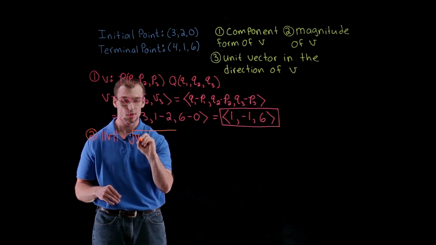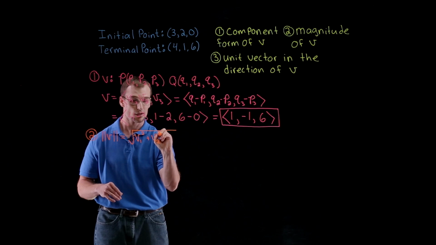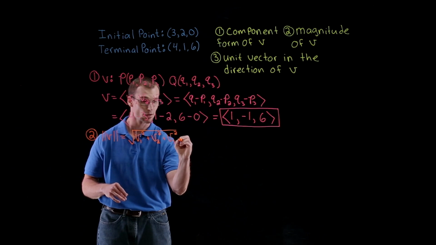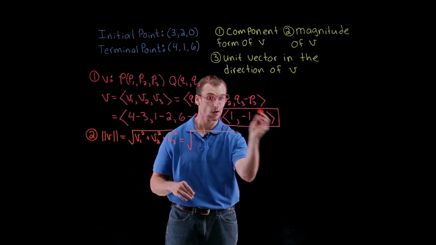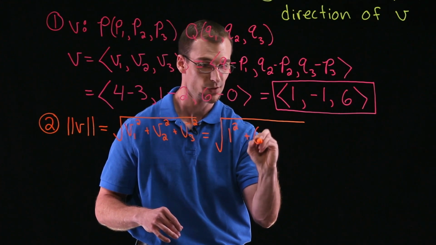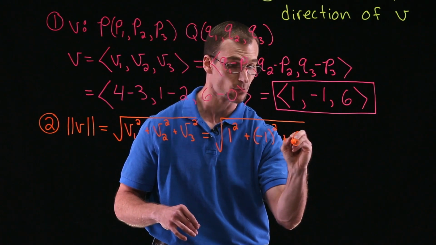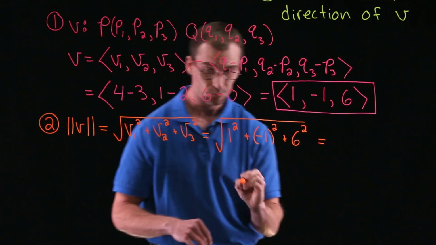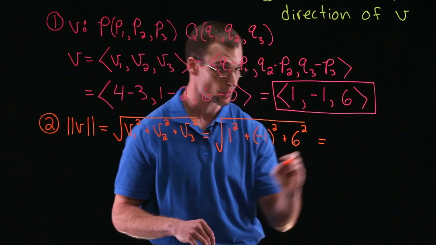So the magnitude is going to be the square root of v1 squared plus v2 squared plus v3 squared. That's equal to the square root of 1 squared, plus negative 1 squared, plus 6 squared. So we get 1, plus 1, plus 36.